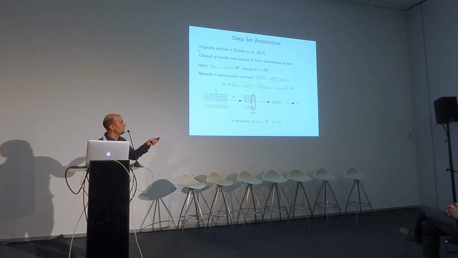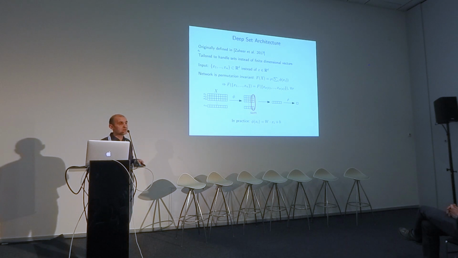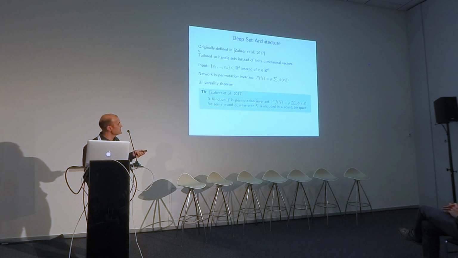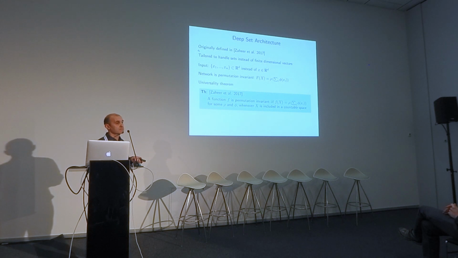And then if you compose with another function, then you get a function which is invariant with respect to the input, okay? And one of the theoretical motivations for this approach is that, in fact, under some assumptions, you can prove that any invariant function on sets can be written in this way.